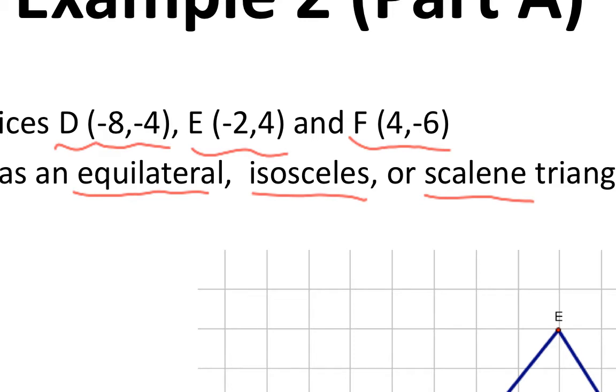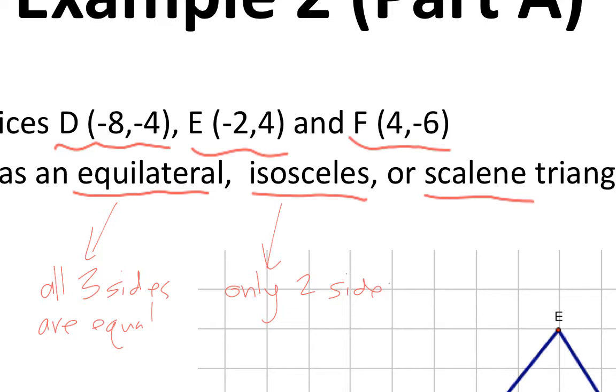Equilateral means all 3 sides are equal. When you have an isosceles triangle, only 2 sides are equal.